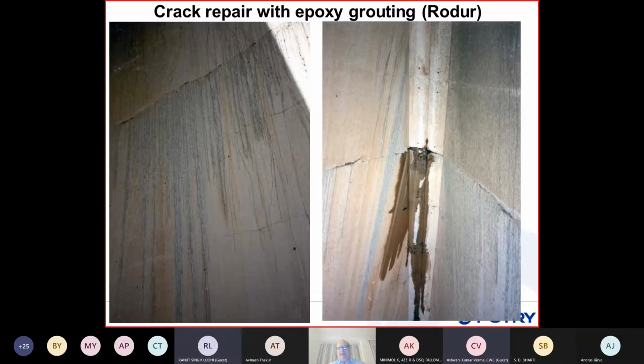Okay, now for these cracks, as you can see here, epoxy grouting was being done. Epoxy mortar, a special product called Rodur, has been used previously in some repair works, also in Switzerland, for crack repairs.